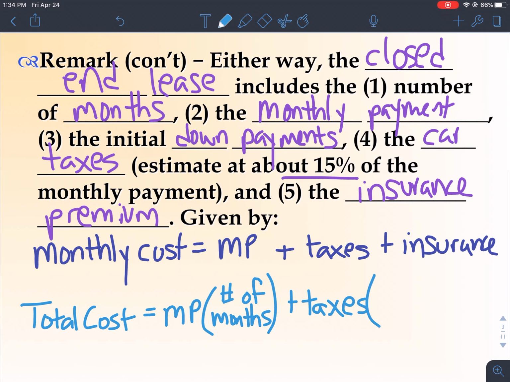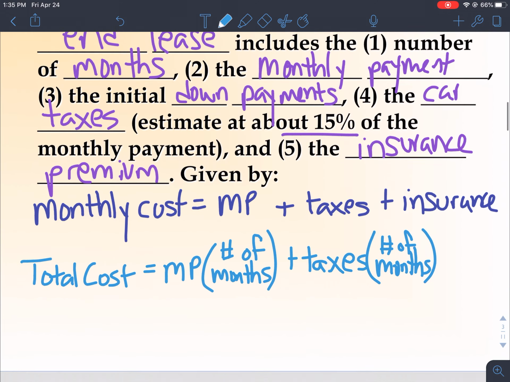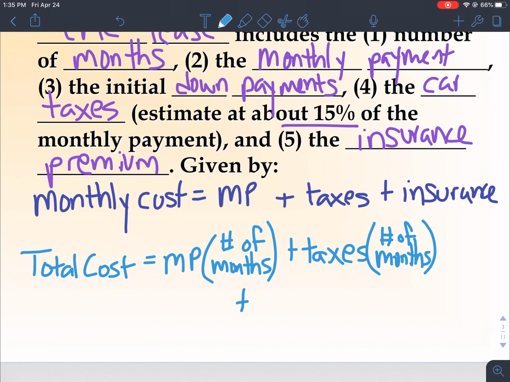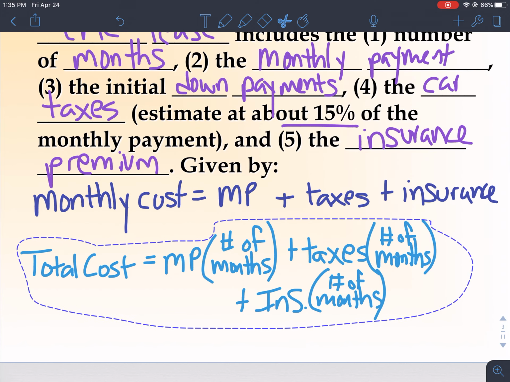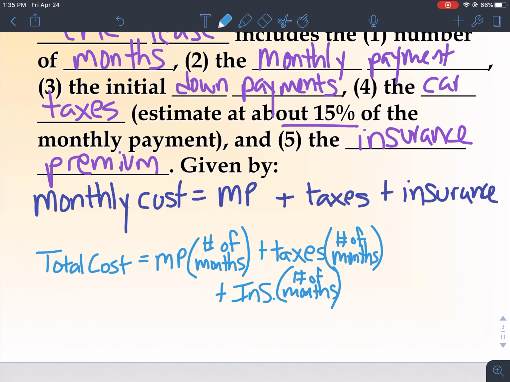Got to multiply that by the number of months. Plus insurance premium times every single month. And the only other thing we're going to add here is we have to add in that down payment. So that's going to be your total cost.